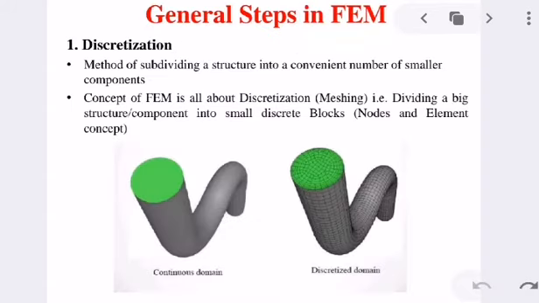So discretization, as already mentioned, is a method of subdividing a structure into a convenient number of smaller components. Between solid modeling and finite element analysis lies an important intermediate step of mesh generation.